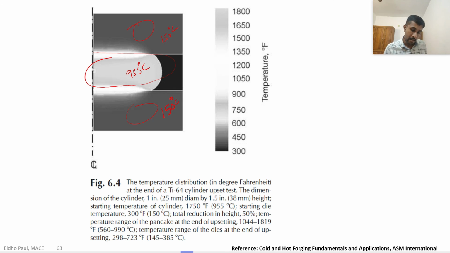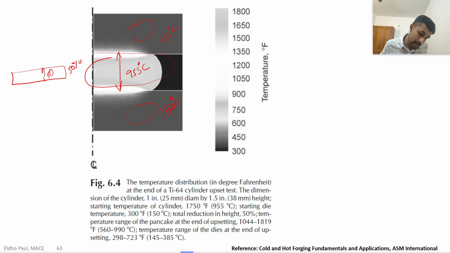Then after the reduction, this workpiece is reduced to a lower height, a 50% reduction. That means, for example, if the initial height was 100, then after deformation the height is reduced to 50. After the 50% reduction, we can see the variation of temperature.